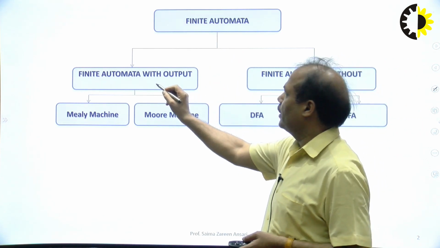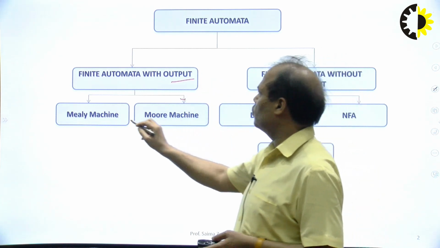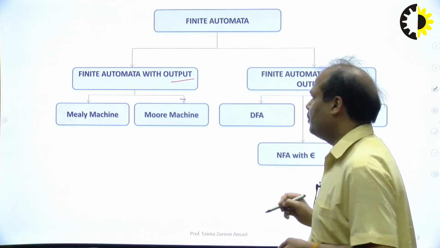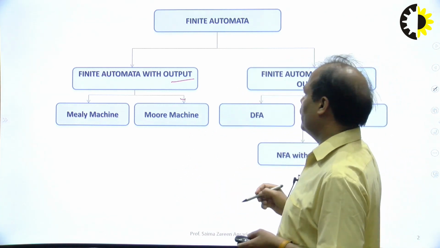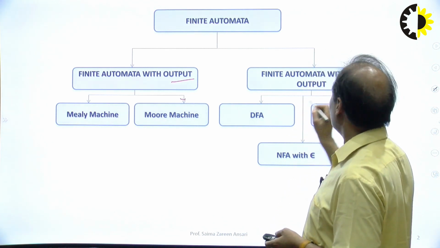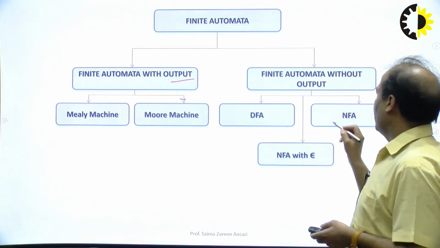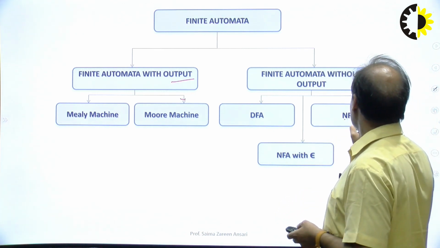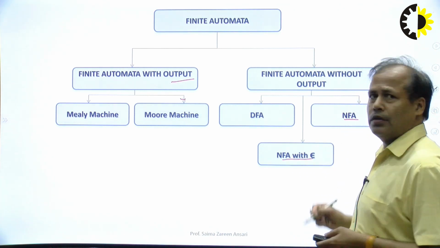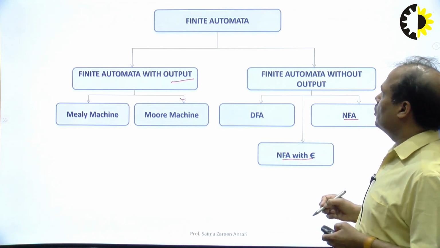So finite automata are of these two categories. One is finite automata with output, in which we have two machines, the Mealy machine and the Moore machine. Sometimes we call them the Mealy model and the Moore model. And in finite automata without output, we have deterministic finite automata, non-deterministic finite automata, and NFA with epsilon moves.